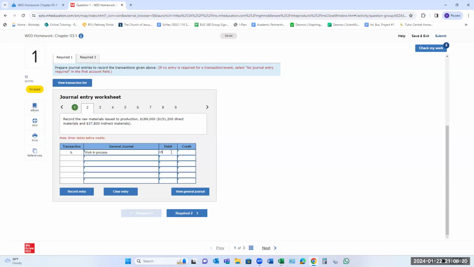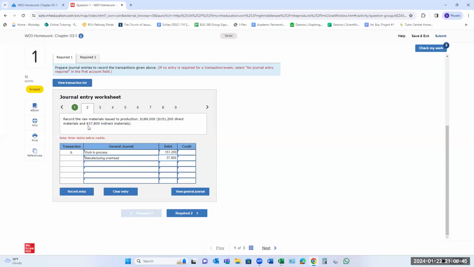That was the 151,200 that's in parentheses right here, see? So it's not the total, it's just the direct, goes into work in process, because the indirect always goes into manufacturing overhead. So my indirect was 37,800.